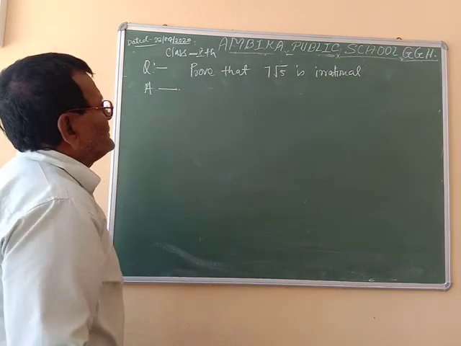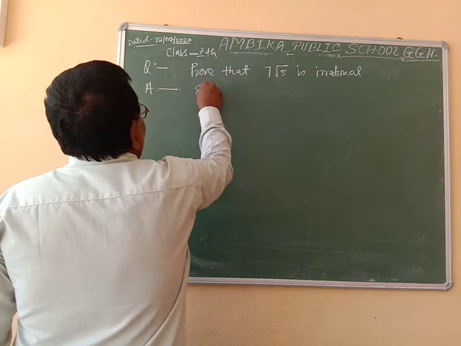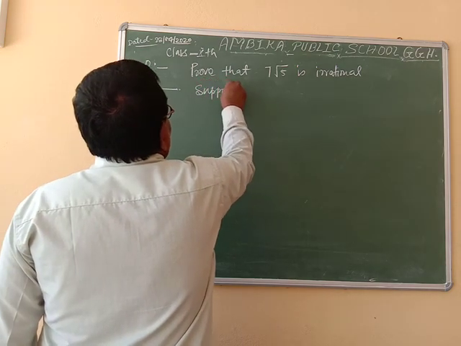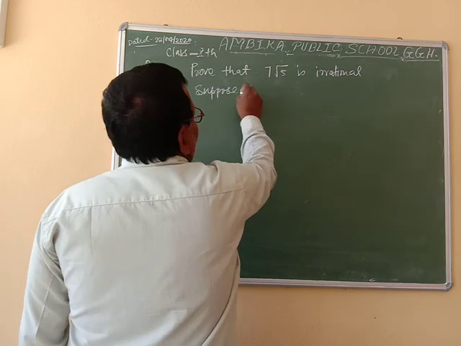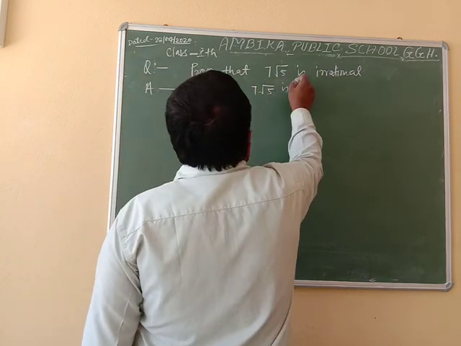To prove 7 root 5 is irrational, suppose 7 root 5 is rational.